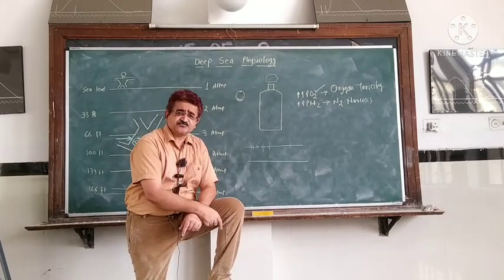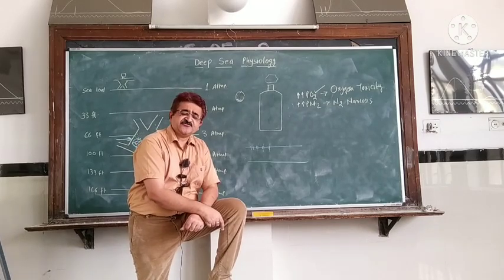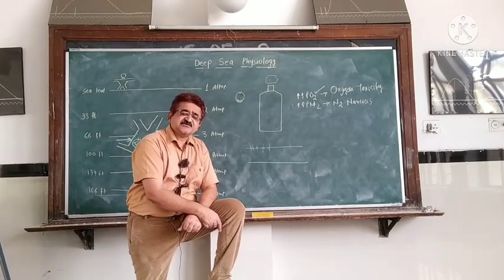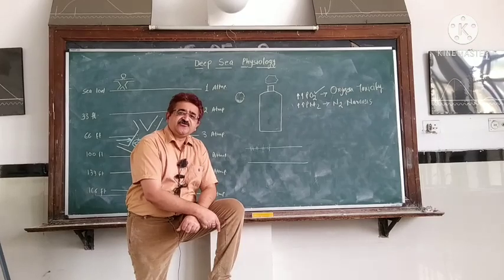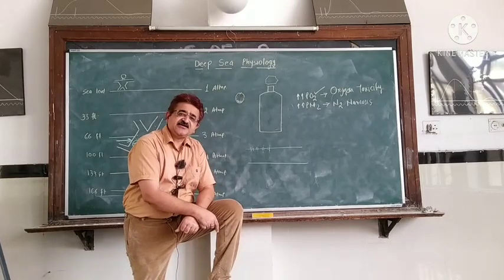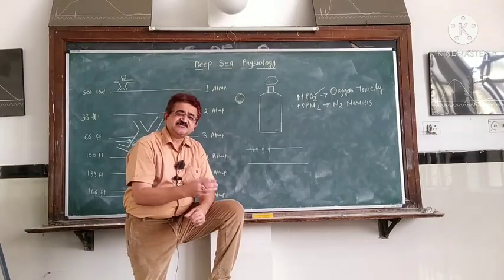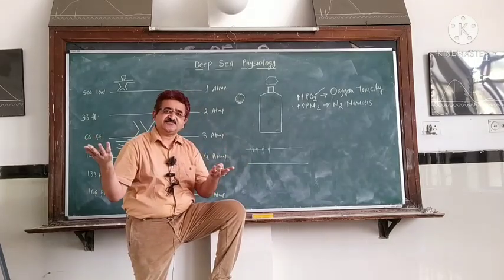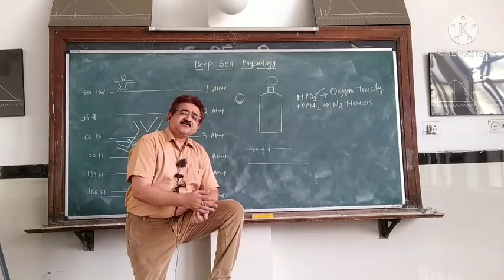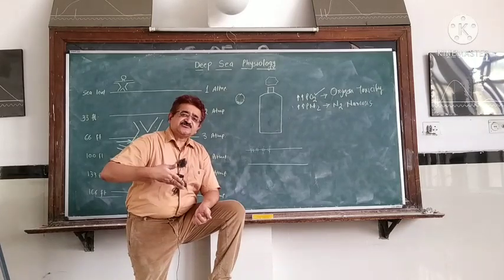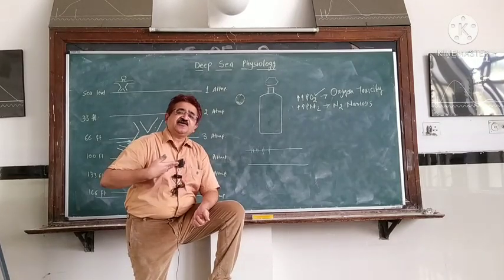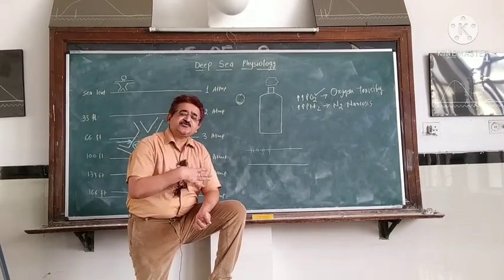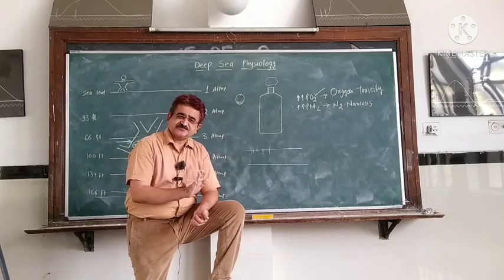Now the question may be put, sir, why helium? The reason is that the density of helium is less than that of nitrogen, that means it is lighter than nitrogen. Second, it can diffuse across the respiratory membrane very easily, and it can distribute throughout the body very easily.